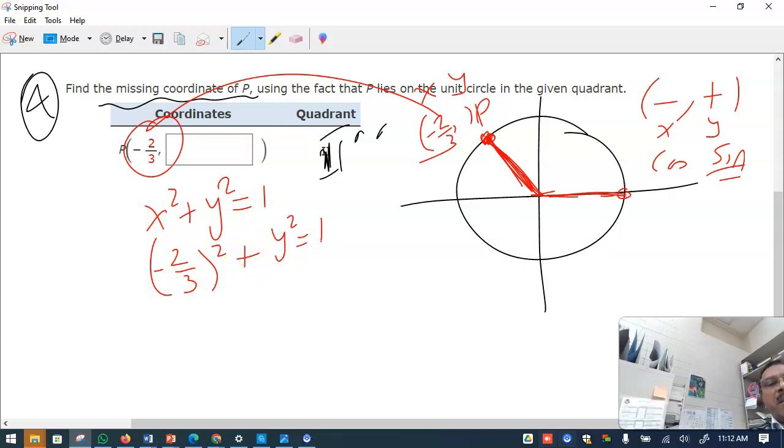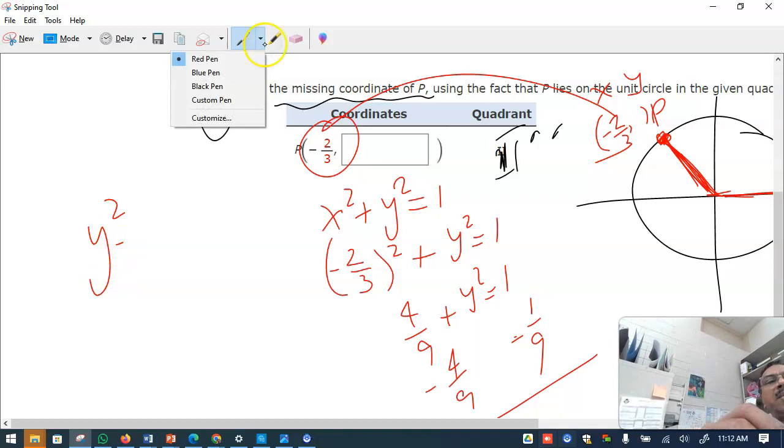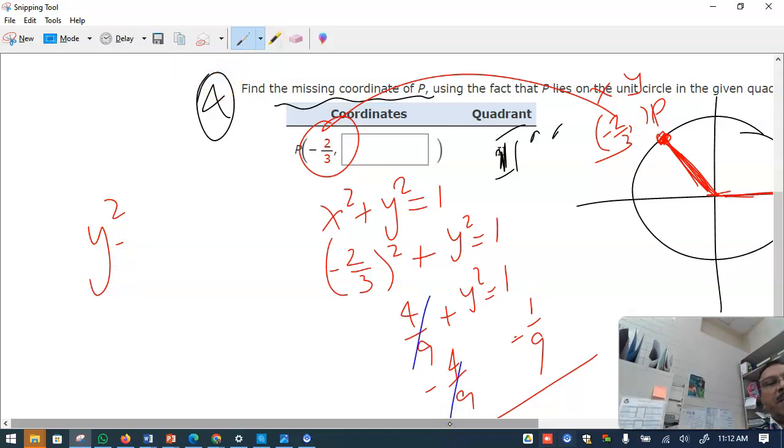So 2 times 2 is 4, 4 over 9 plus y squared equals 1. Then subtract 4 over 9 from both sides. So y squared will be 1 minus 4 over 9.